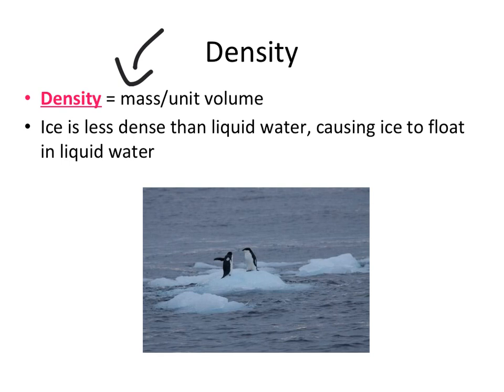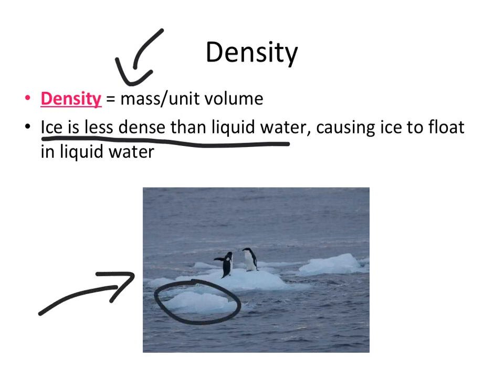For almost all substances on our planet, the solid form of the substance is more dense than the liquid, because we know in most solids, the molecules are closer together than they are in the liquid form, making them more dense. However, water is unique. In water, ice is actually less dense than the liquid, which is why if you look at some ice in water, the ice floats, because things that are less dense float over things that are more dense.